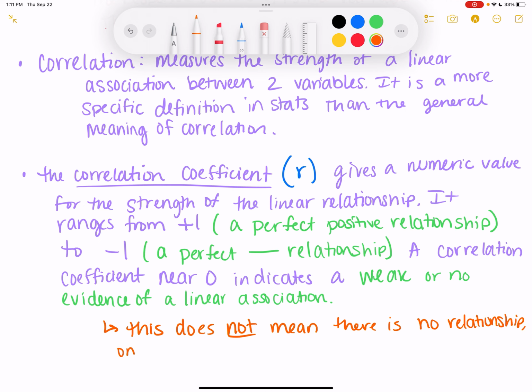It only means that there's no linear relationship. So there's different kinds of relationships that we can have. There can be curved, whatever, but when we're talking about correlation coefficient, we're talking about linear.